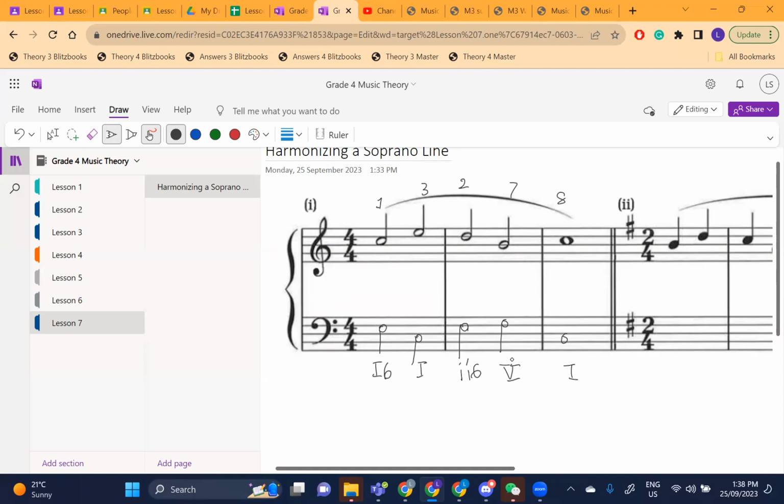Always work backwards because it makes life easy. So starting from the perfect cadence, which we do know how to write. G, B, G. 2 6 to 5.